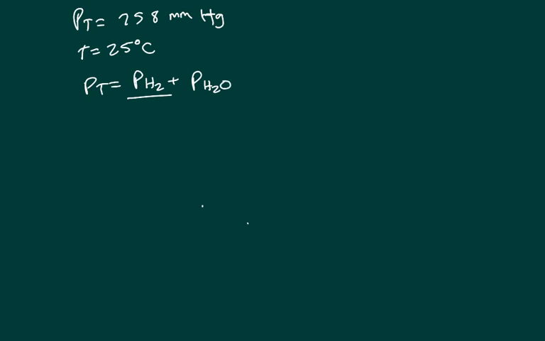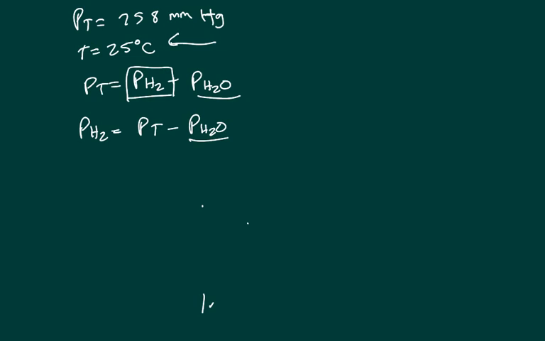Because now, remember, our P total, this is hydrogen collected over water, which means we're going to have partial pressure of hydrogen, but we're also going to have a pressure of water vapor, okay? So in order to figure out the partial pressure of hydrogen alone, we have to do P H2: we take our P total and subtract from it the partial pressure of water.